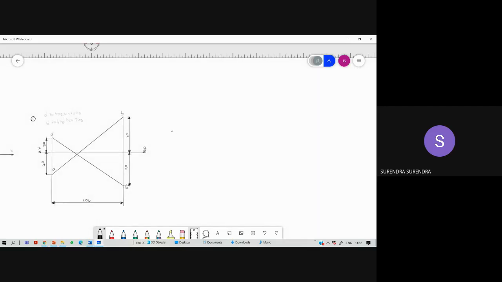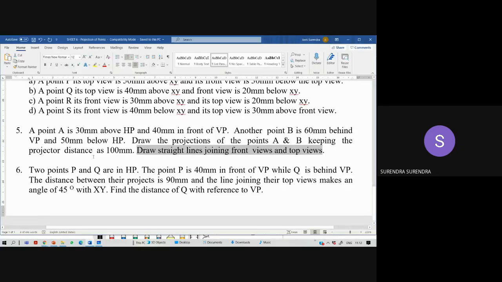So coming to the next problem 6, almost like this one only, but with a small variation. Look, 2 points P and Q are in the horizontal plane. Means both the front views are on the XY line. Is it? HP relates always the front view as it is on HP. So both the front views P dash and Q dash are on the XY line.